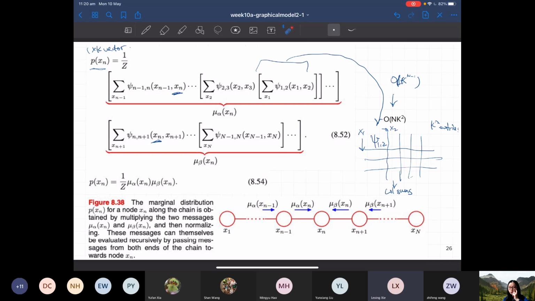In order to compute the messages for xn, we need to derive this from the messages centered on the node xn plus 1 in the backwards direction, and so on and so forth until we get to the message mu of beta of xn, which is that term at the end.